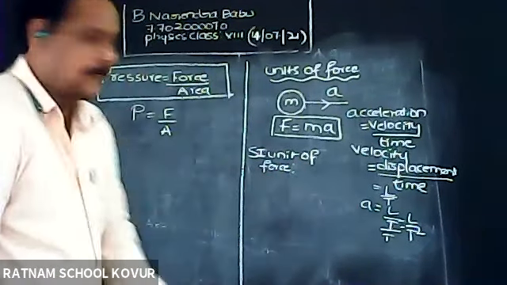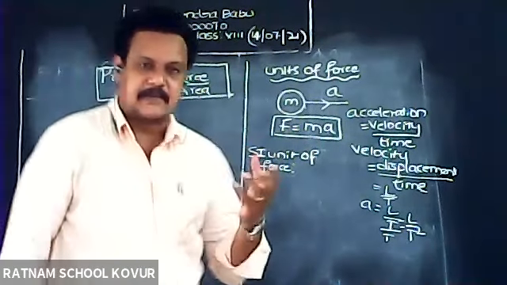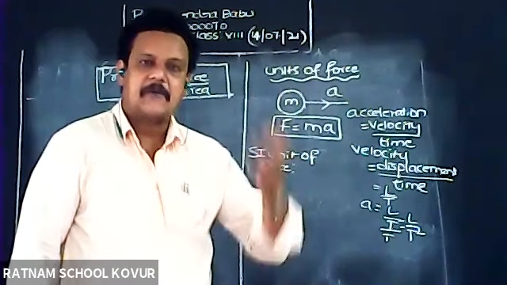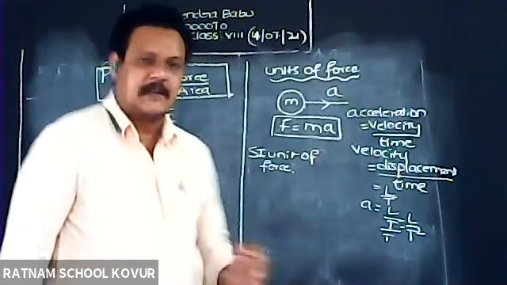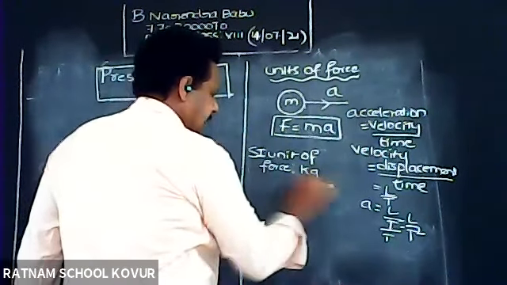SI unit of force. So mass is nothing but just like a concept of weight only. How we measure weight in kgs, mass is also measured in kgs. So for mass, kg.